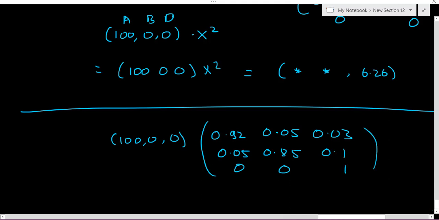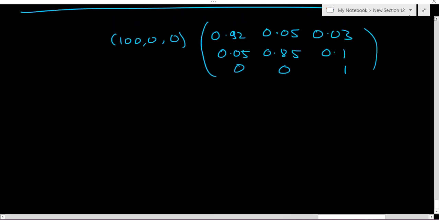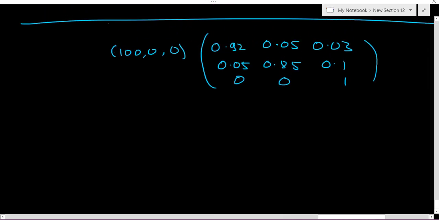This is the matrix that I apply to it, and at the end of the first year my distribution becomes, this was my x0, x0 was equal to 100, 0, 0, right? X1 would be equal to this, which would come out to be, if you check it, 92, 5 and 3, because I just multiplied directly.